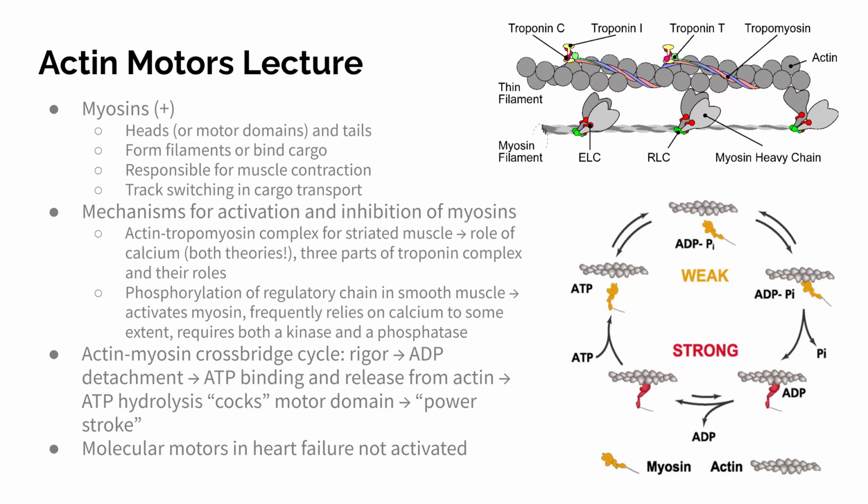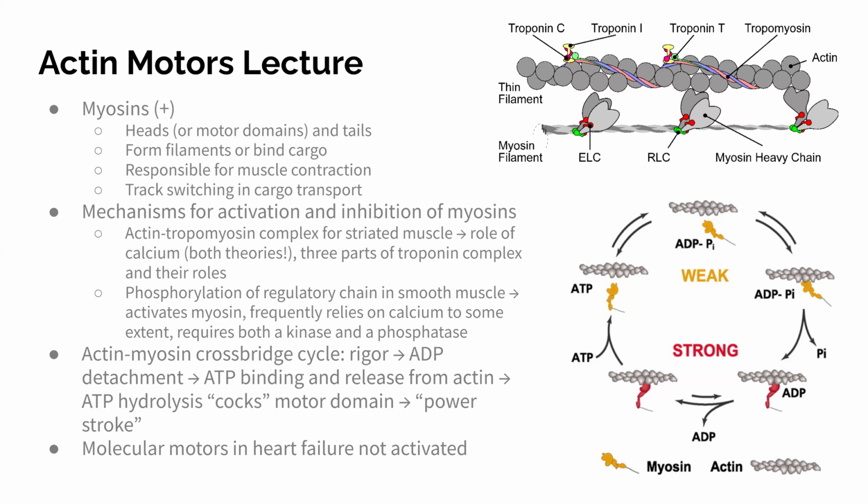When the calcium binds, the conformation of the troponin complex is going to change, so that instead of the inhibitory subunit being the one connected to the actin filament, the tropomyosin binding subunit will bind to the actin filament. And that will allow for the cross-bridge cycle to start.